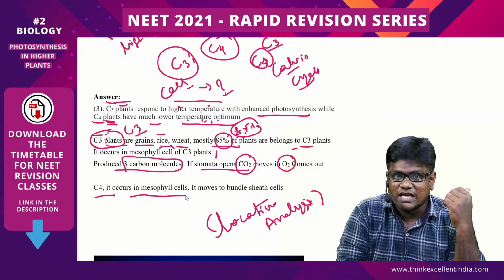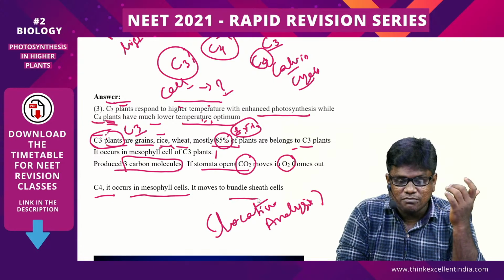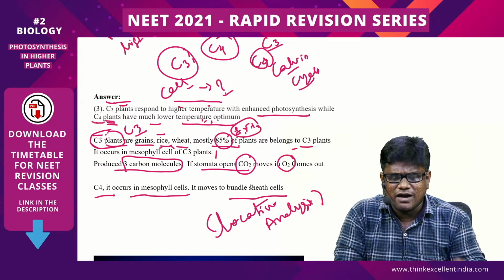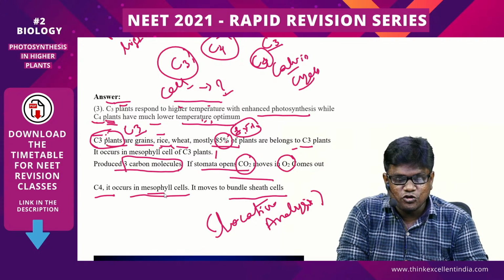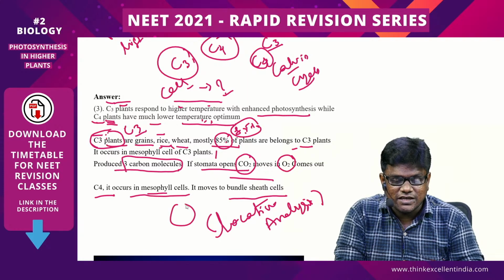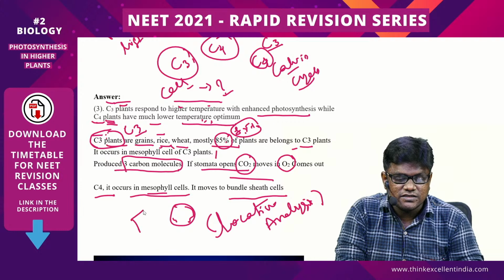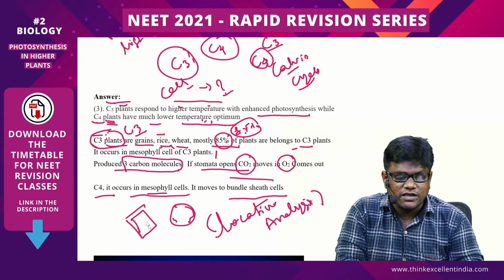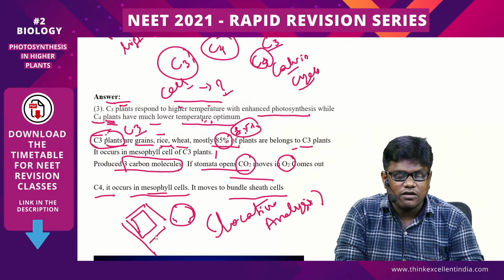It occurs in mesophyll cells. After that, it moves to the bundle sheath cells. The bundle sheath cells are the layers inside, after the mesophyll cells, when you look at the cell structure. The mesophyll cells will be present in these areas. See, consider this is a plant cell and you are seeing the plant cell wall, okay?